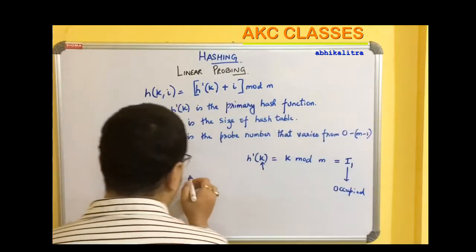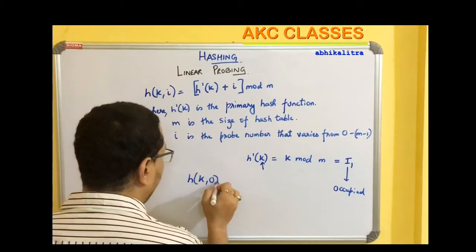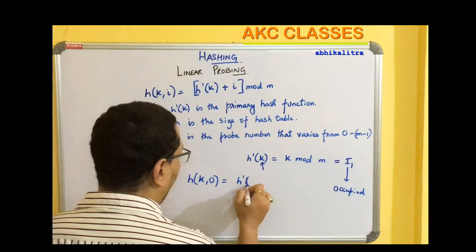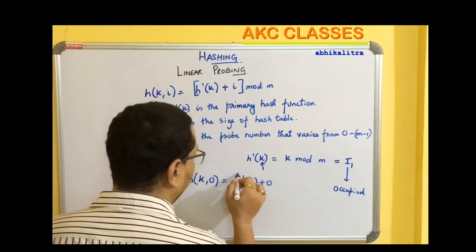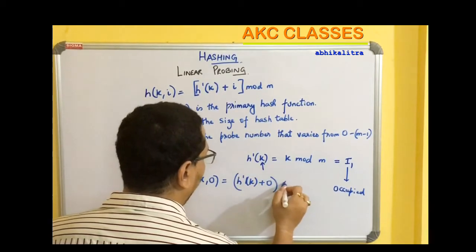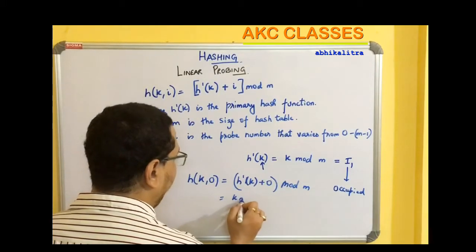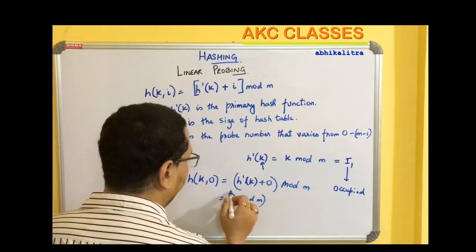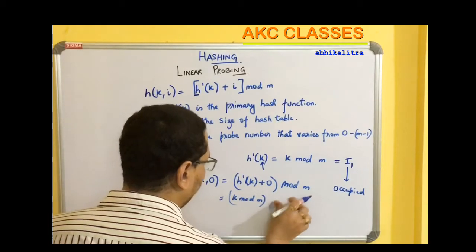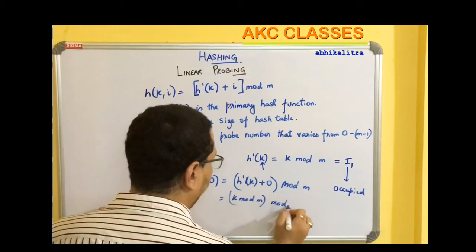Because if I put h of k comma 0, then this will be h prime of k plus 0 mod m. If I expand h prime of k, it will be k mod m mod m.